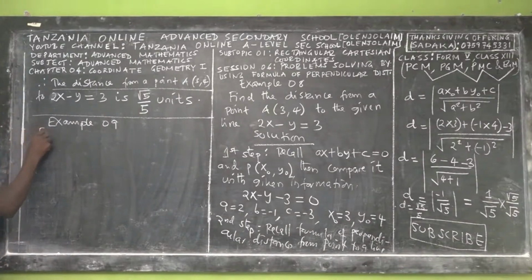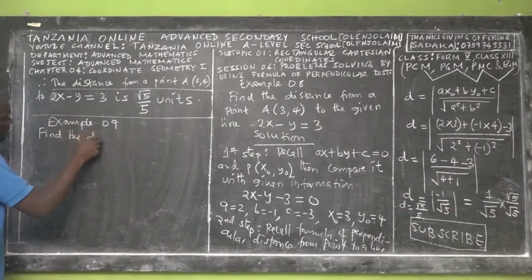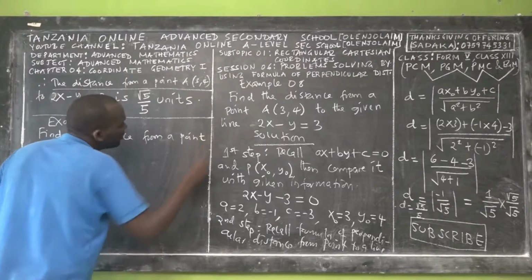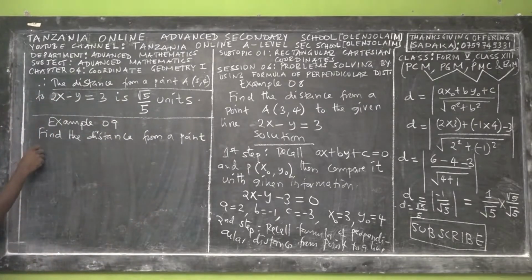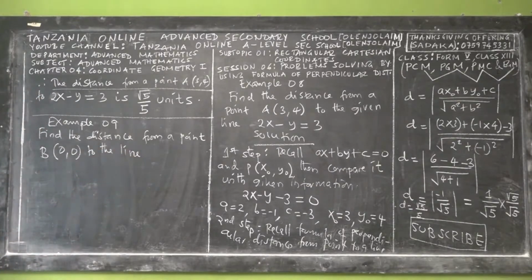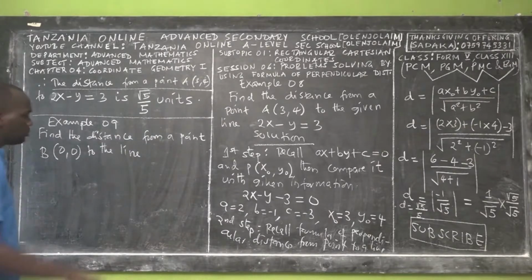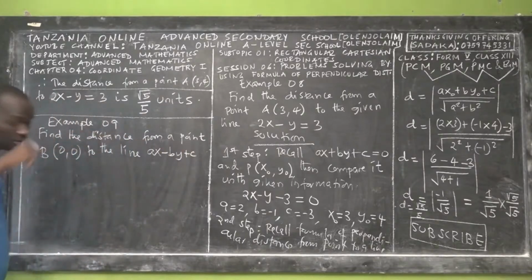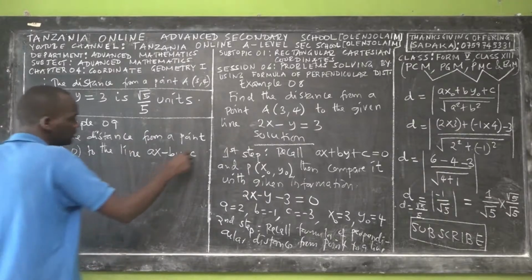So find the distance from a point B, which is (0, 0), to the line Ax minus By plus C is equal to 0.